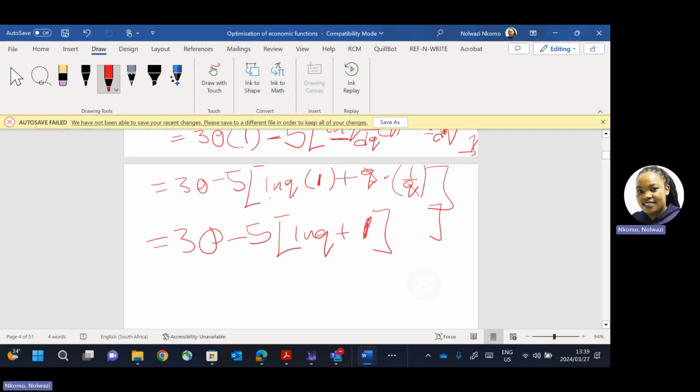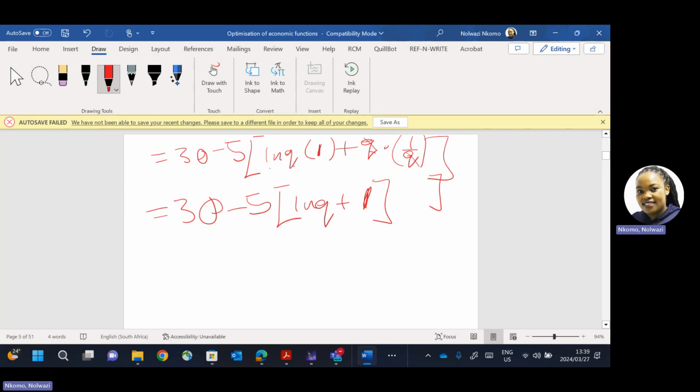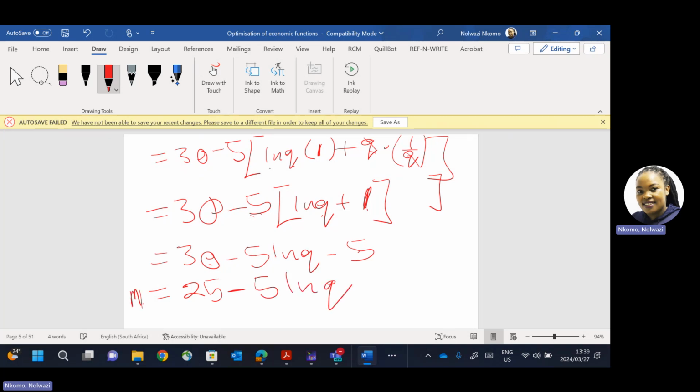And if you want to simplify this further, you'll have 30 minus 5 ln Q minus 5 times 1, minus 5. And then you collect the like terms. You have 30 minus 5. That will give you 25 minus 5 ln Q. And this is your marginal revenue, right?